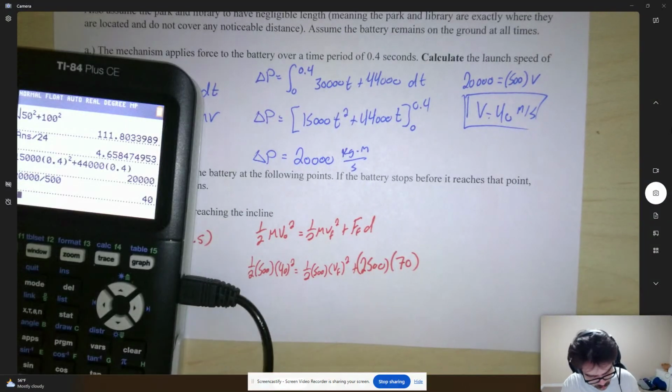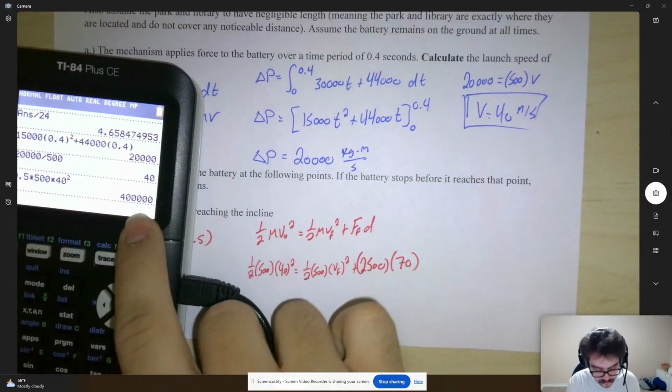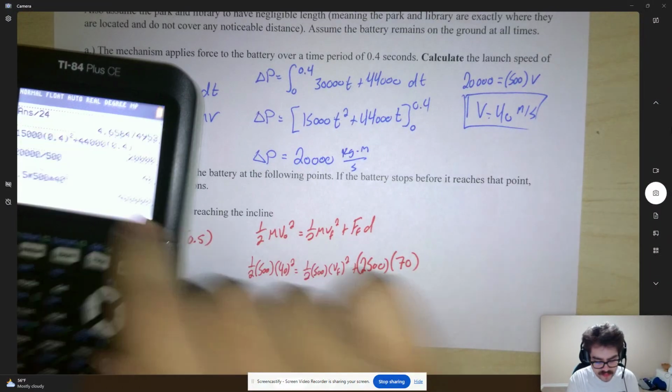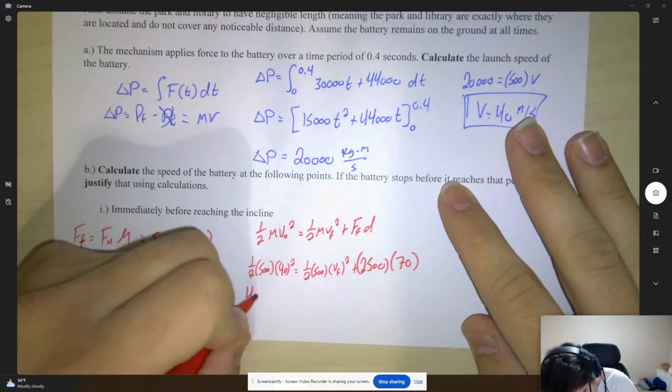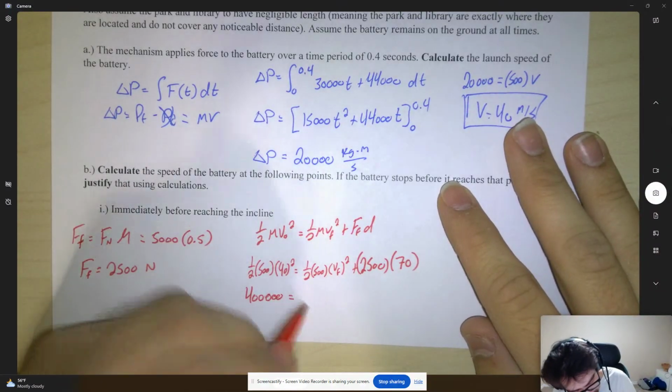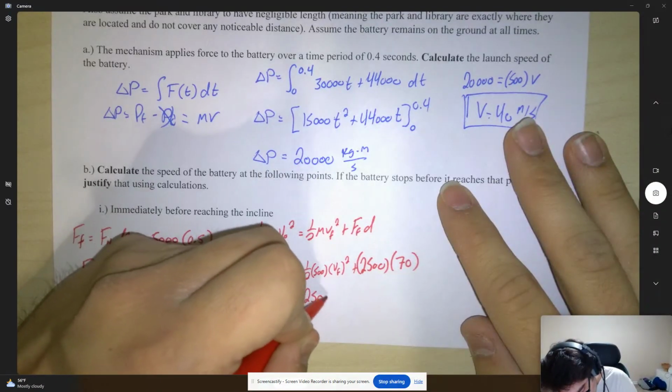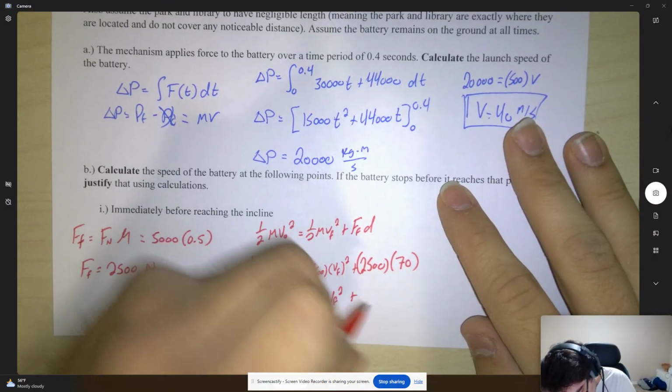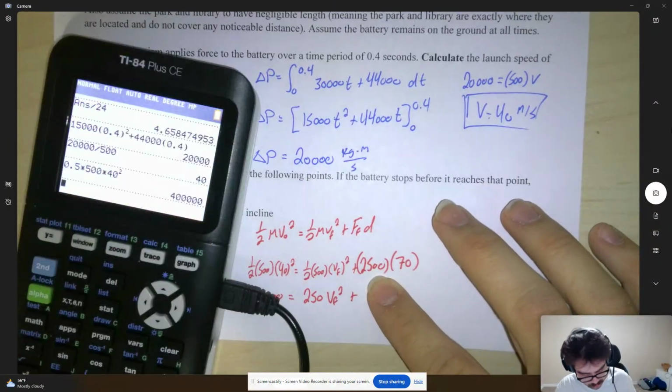Let's calculate this. 0.5 times 500 times 40 squared, I get 400,000. This is going to be 250 times v final squared. And this is not going to be a pretty number.